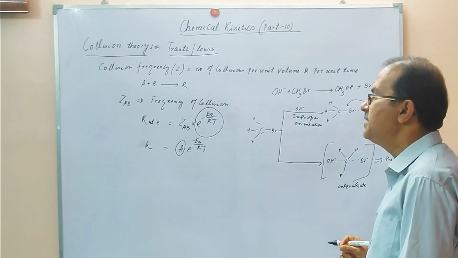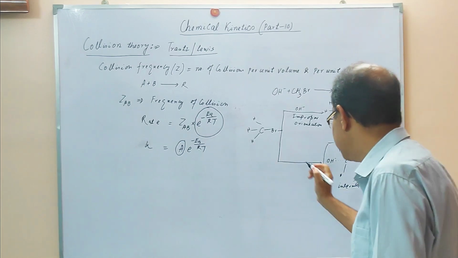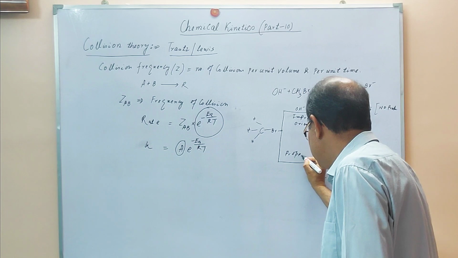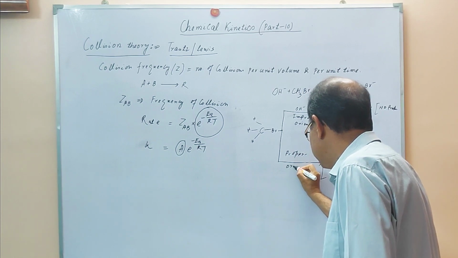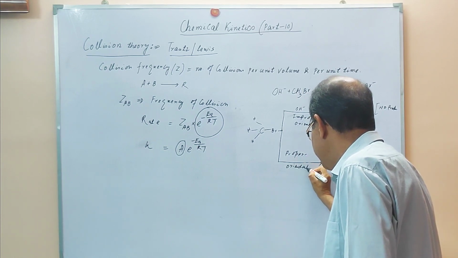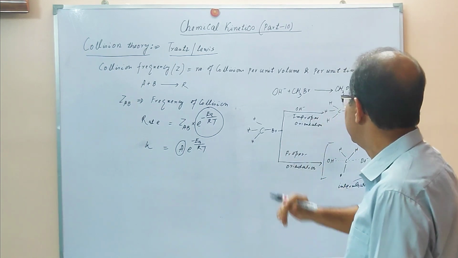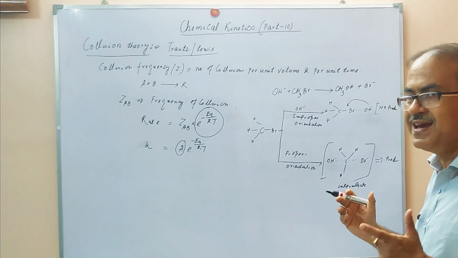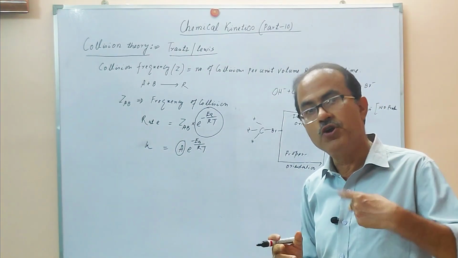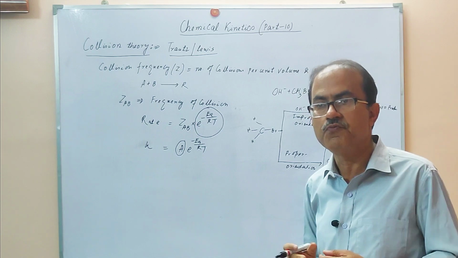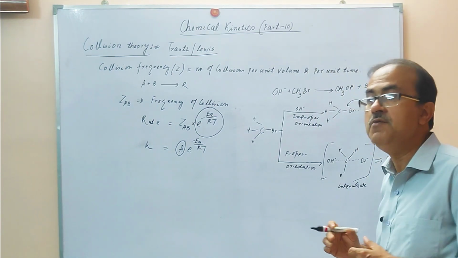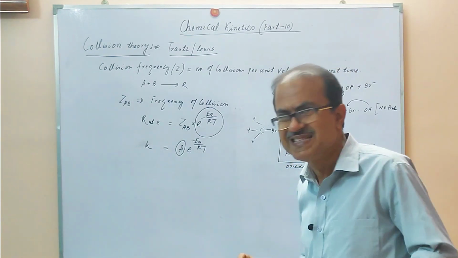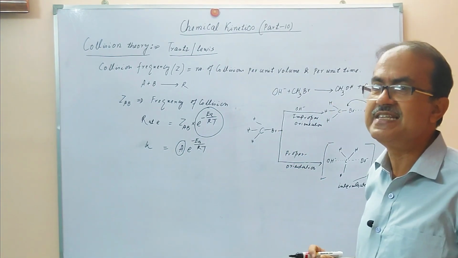This orientation with the reactant molecule, we say that is a proper orientation. Maybe this OH ion has very high energy, more than the activation energy, but it will not produce the product because of this improper orientation. So another factor comes. This factor is called the steric factor.